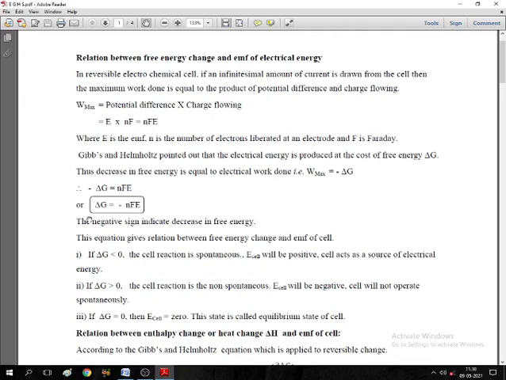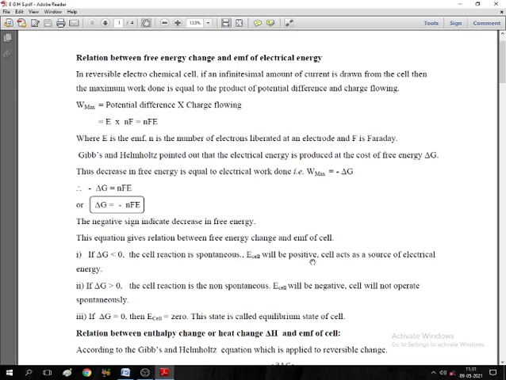Now here are certain possibilities. If delta G, that is the change in free energy, is less than 0, that means negative, the cell reaction is spontaneous. That means it occurs at its own accord without any other source. E cell will be positive at that time.